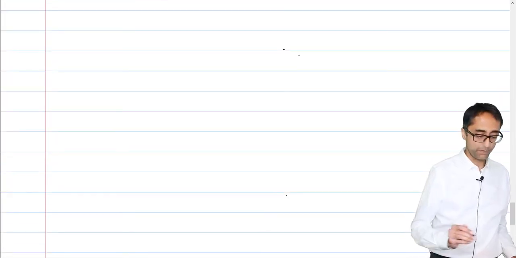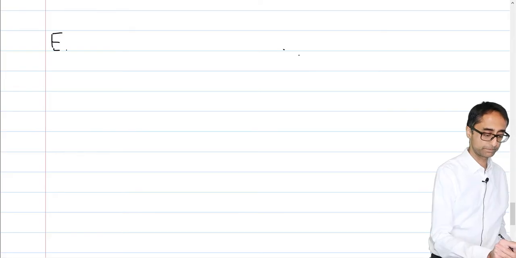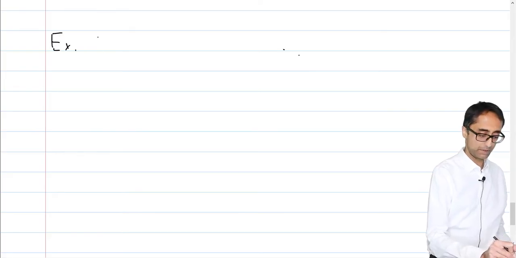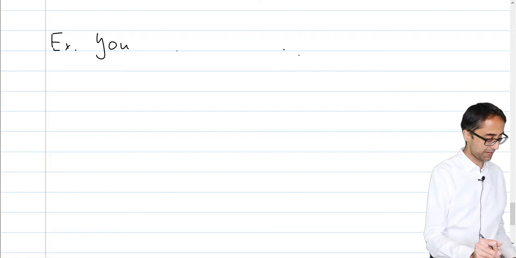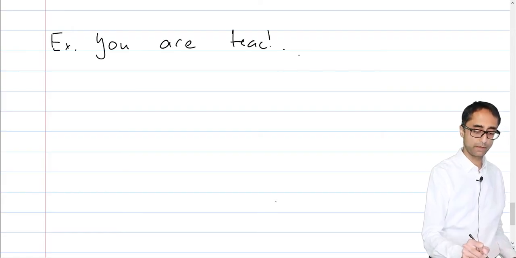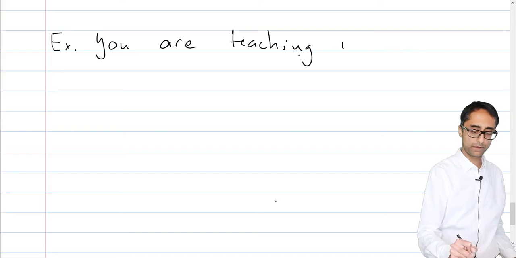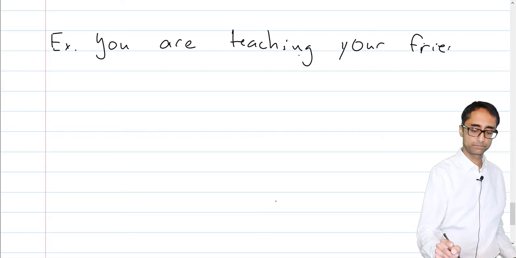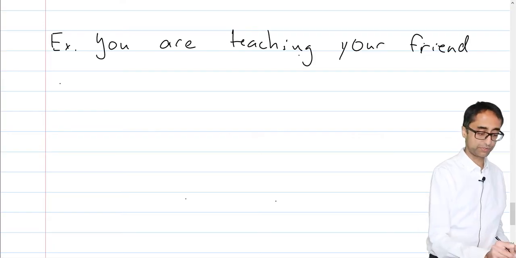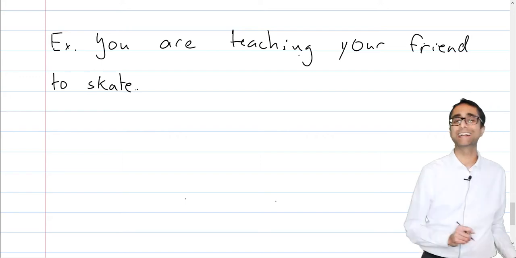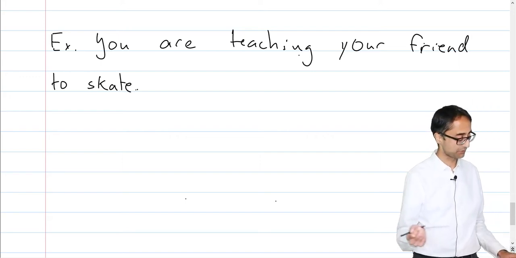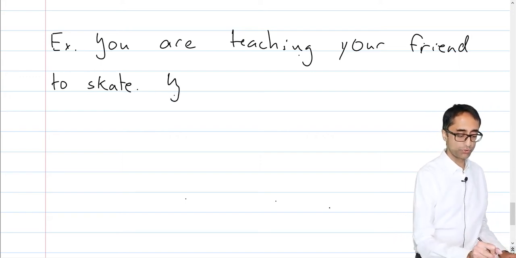Let's try the following. Let's pretend we have a situation where you are teaching your friend to skate. And we're doing this problem on ice, as a lot of these problems are done on ice or snow, to reduce friction to basically nothing.